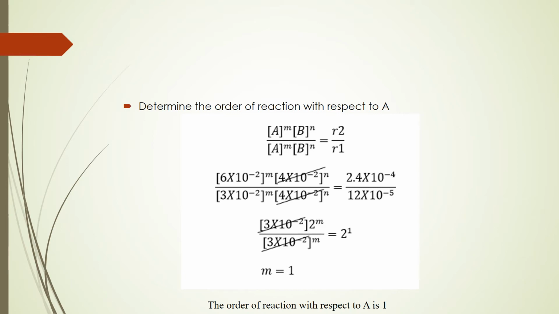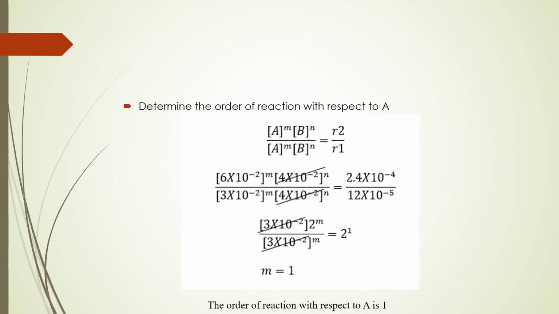I do have to apologize, because just now I mentioned the power for the concentration is 2. It is supposed to be minus 2 for all the concentrations, because we have to refer to the table. This equals the initial rate for experiment 2, 2.4 times 10 minus 4, over 12 times 10 minus 5.